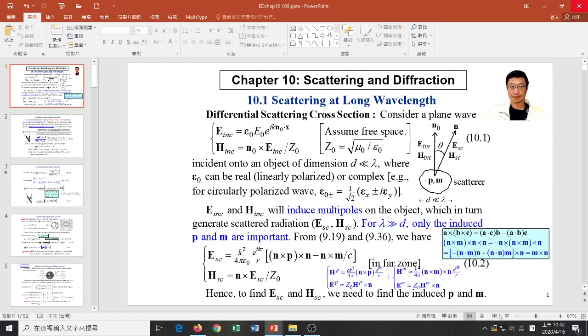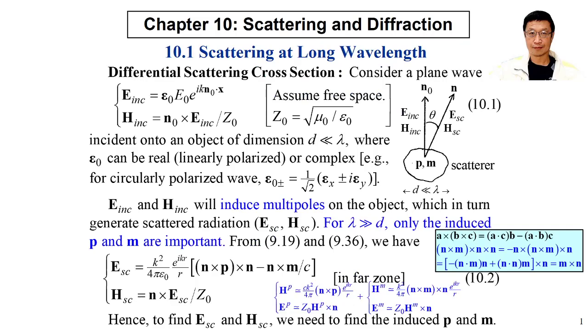Second, today we will talk about chapter 10, about scattering and diffraction. Diffraction and scattering, that's very interesting. Let's follow chapter 9. In chapter 9, we talked about dipole radiation, radiation from electric dipoles and magnetic dipoles.